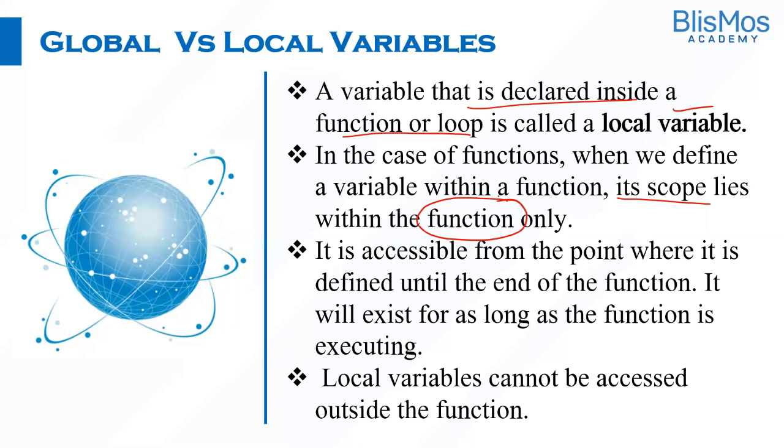It can be accessed within the function from the beginning to the end of the function. The moment the function is done, we will not be able to access the local variable outside that function. Wonderful, isn't it?